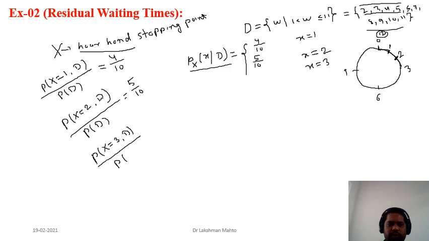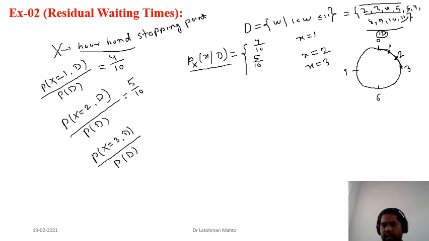So what would be this value? X is talking about the stopping of the hour hand. So this one is x equal to 3. When x equal to 3, do you see anything common in d? Yes.